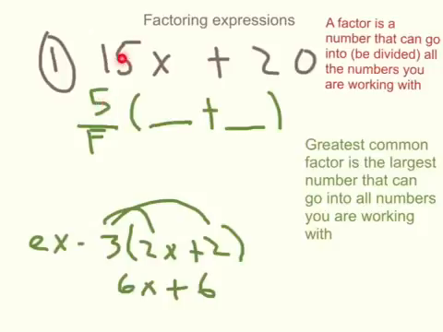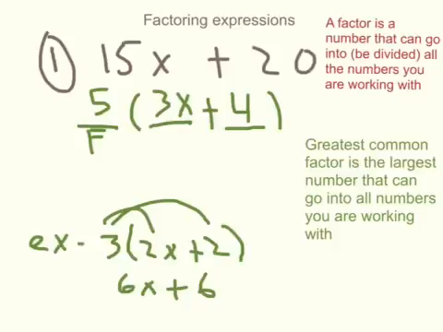So 5 can go into 15 3 times, and then you have your x here, so I write my x here. And then 5 can go into 20 4 times, so I just write 4 there.